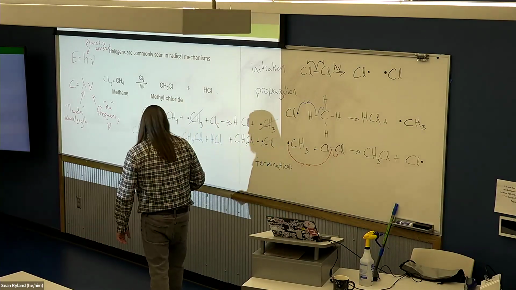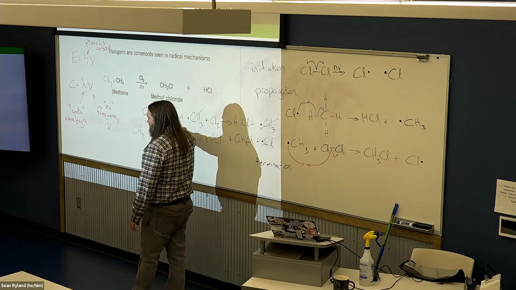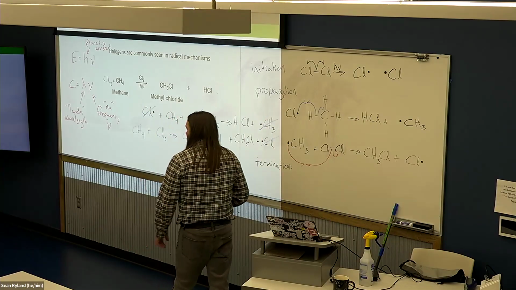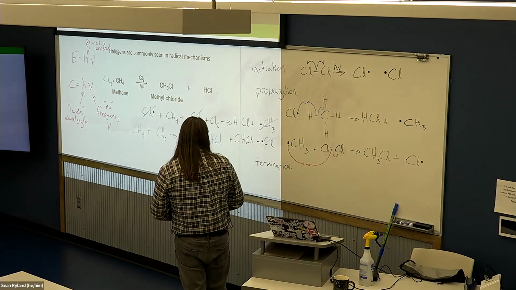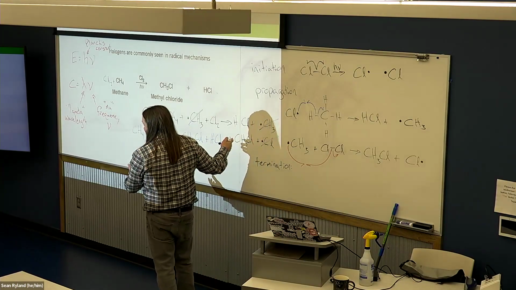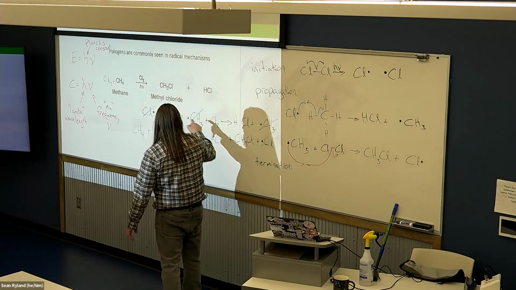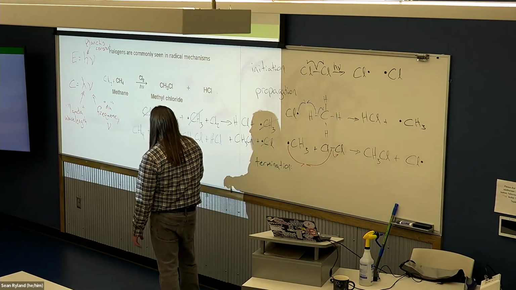For termination, you just take whatever radicals you canceled out up in propagation and you let them react together as radicals. From the same side or opposite side? Well, either, because they cancel out, right? So we have chlorine radical here, chlorine radical there, and methyl radical here, methyl radical there.